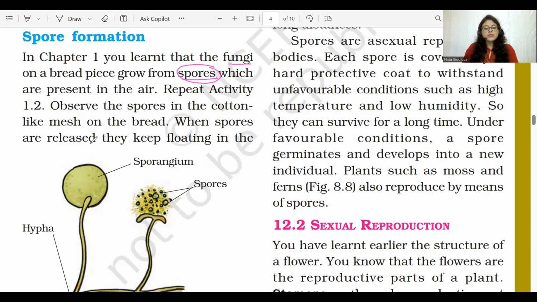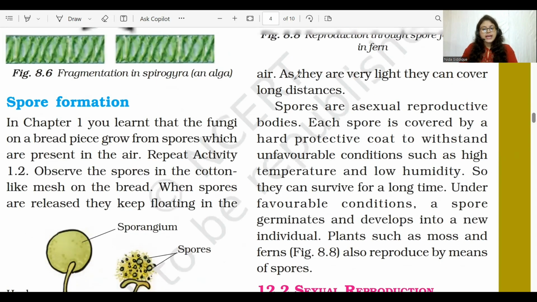When spores are released, they keep floating in the air. As they are very light, they can cover long distances. So these spores keep traveling in the air. Now spores are asexual reproductive bodies. Each spore is covered by a hard protective coat to withstand unfavorable conditions such as high temperature and low humidity.